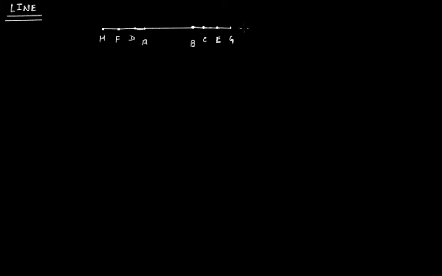You again take some points like I and J, and again it is extending at both ends. You again take some points, let's say K and L, and again it is extending at both ends.